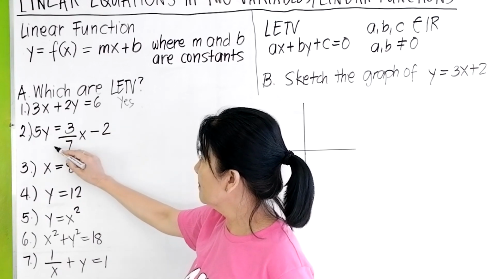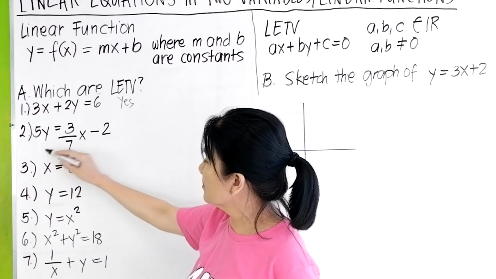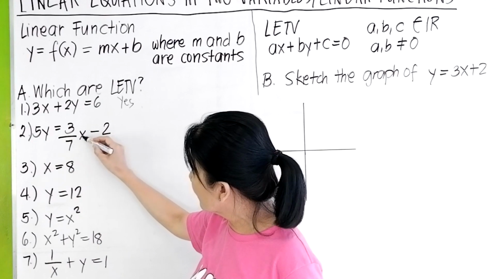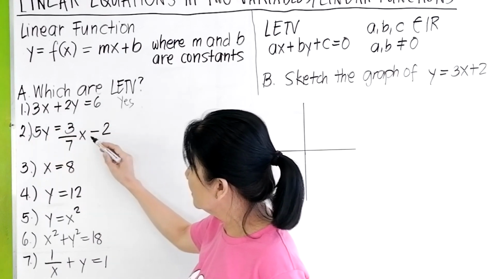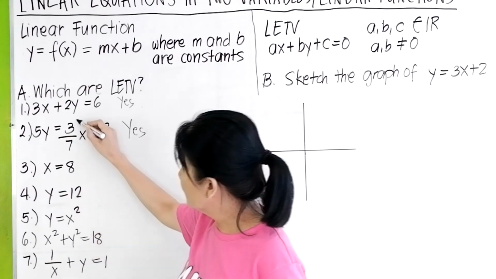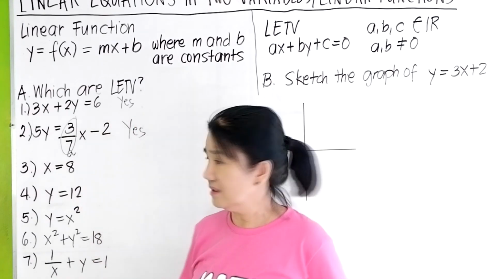Number two, can I write it in the form ax plus by plus c equals 0? Yes. This is your ax, transpose that, plus by plus c equals 0. So the answer is yes. This becomes your a. Just to be clear.